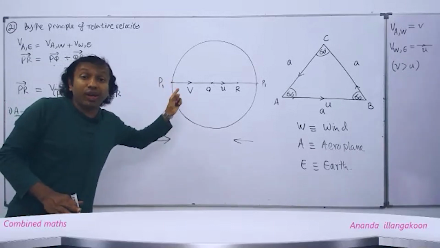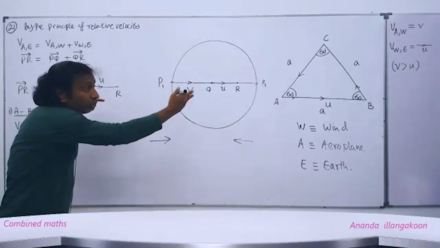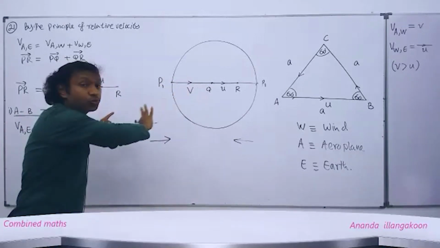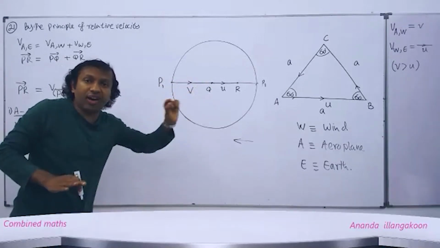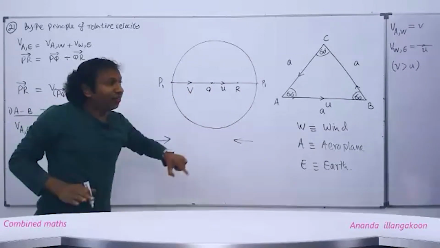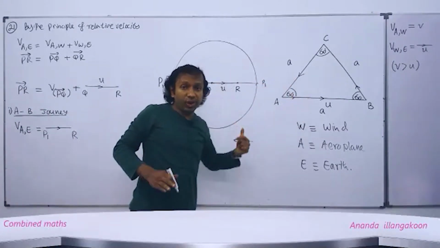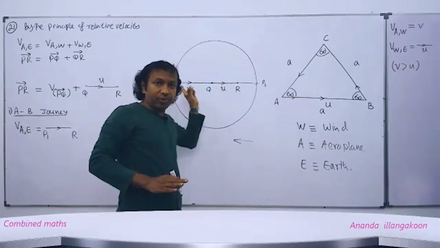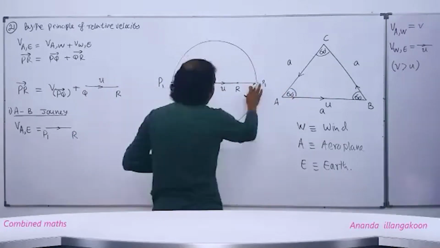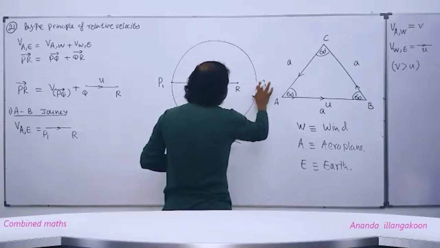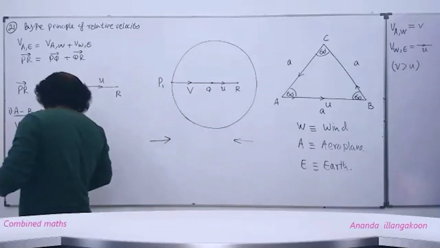When it moves from A to B, it should move according to our notation of the triangle. AB is pointing rightward, no, people? Then the P1R vector should be pointing rightward. When you select P1 here and P1R points leftward, then it is coming from B to A. So for A to B, P1 should be on the left hand side. Like this.